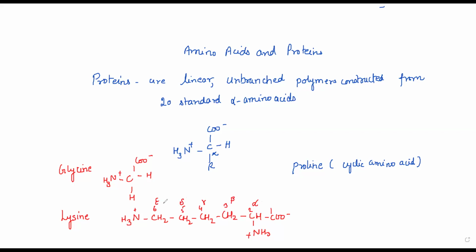So in alpha amino acids, both the amine group and the carboxyl group are attached to the same carbon atom, this carbon atom. However, many naturally occurring amino acids, not found in proteins, have structures that differ from the alpha amino acid. In these compounds, the amino group is attached to a carbon atom other than the alpha carbon atom, and they are called beta, gamma, or any other accordingly, right?